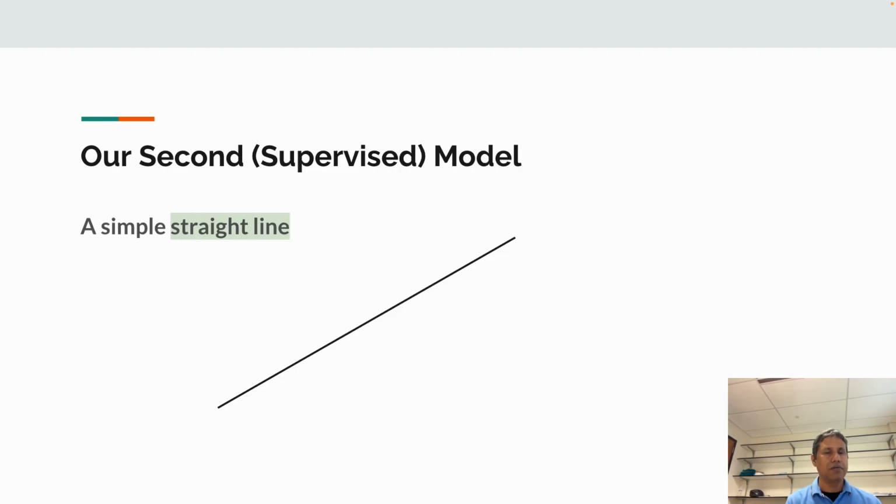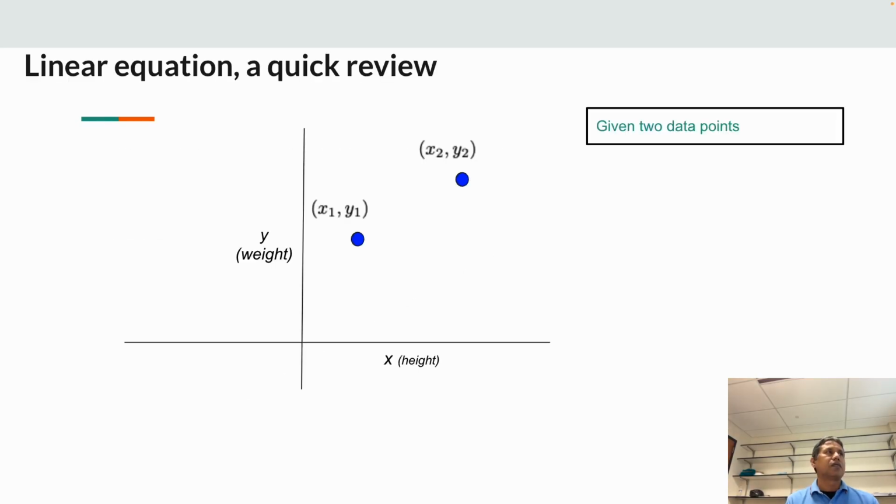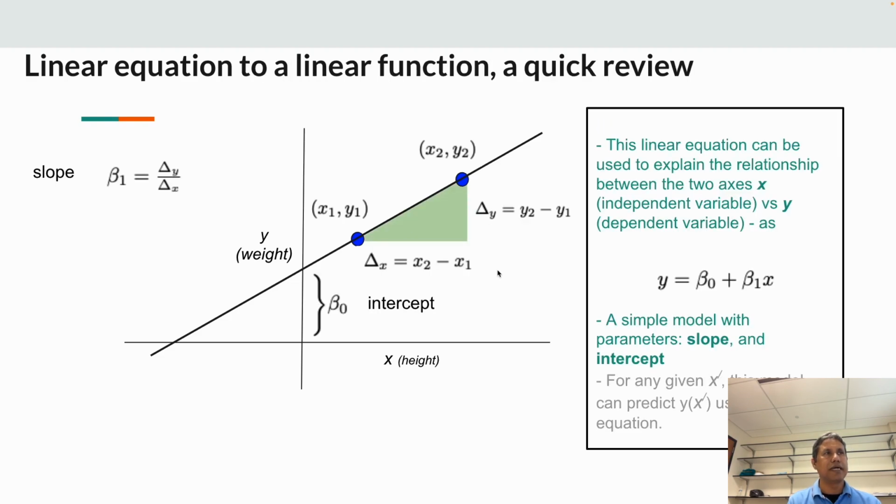Because we have all learned the straight line equation, and we can use this to do the same task. So let's do a little review on the linear equation. We are using the same two data points, and this is the straight line. We all know that the straight line equation is y equals beta 0 plus beta 1 x.